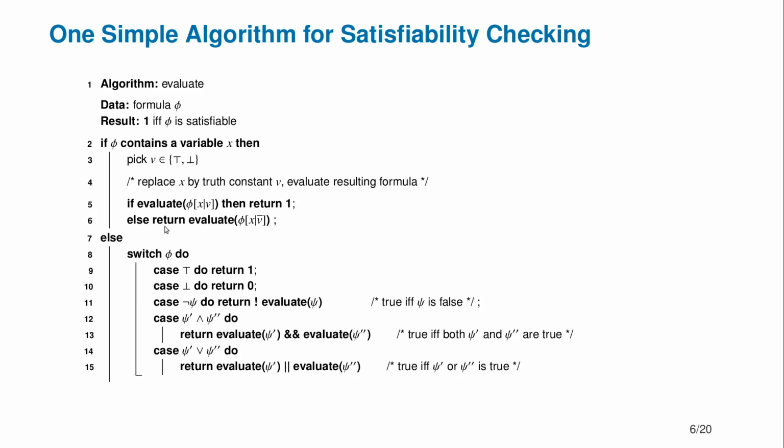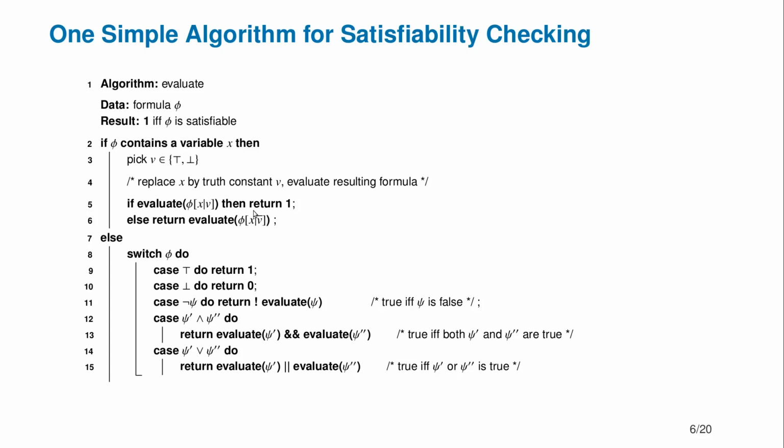If this is not the case, so in case the formula evaluates to false, then this means the value that was picked for the replacement was not leading to a satisfying assignment, and therefore the constant is negated. So top becomes bottom, bottom becomes top. This is what we mean with this notation with the overline.